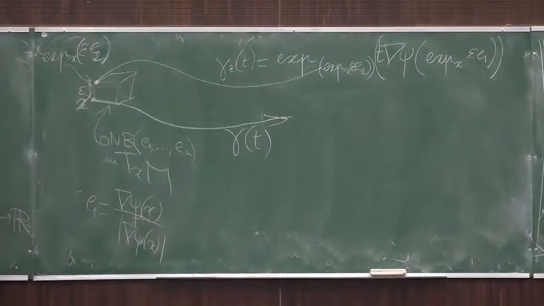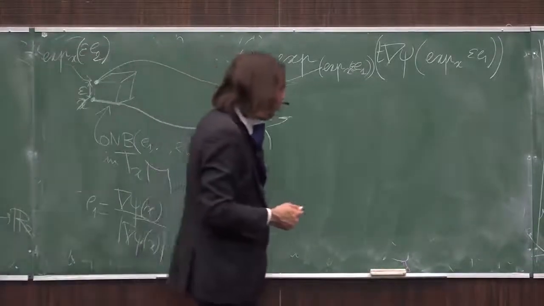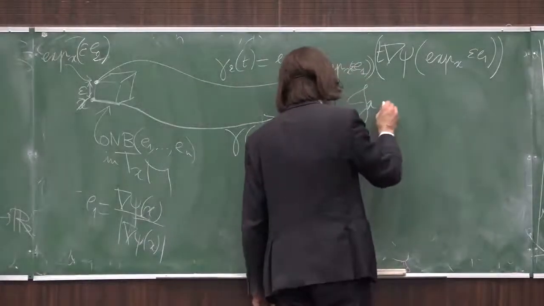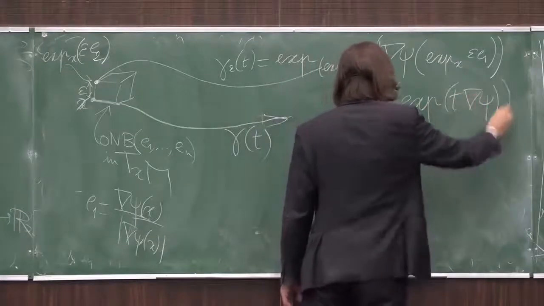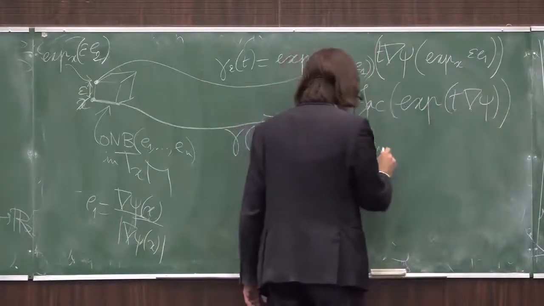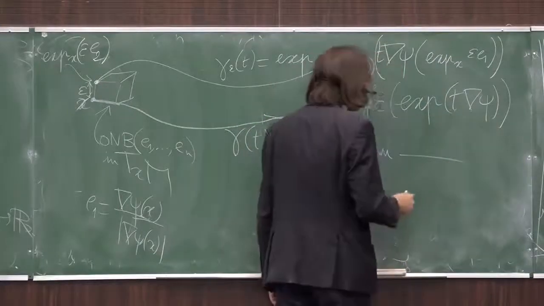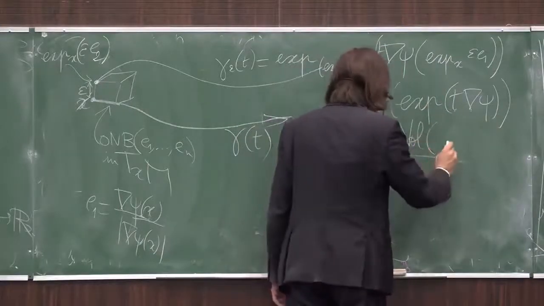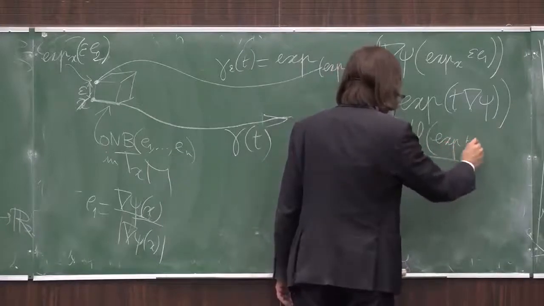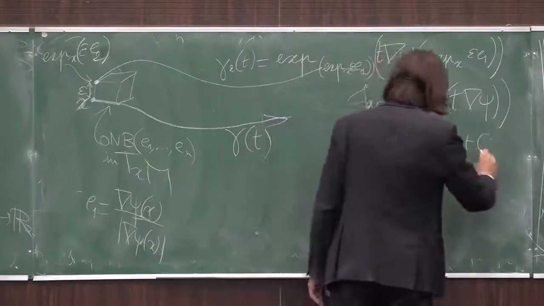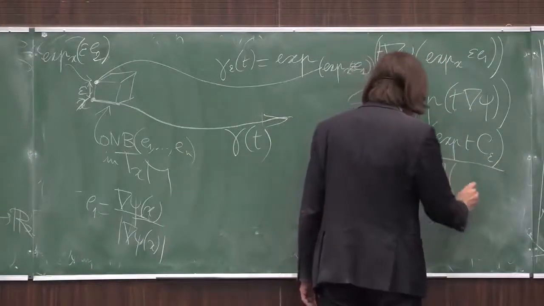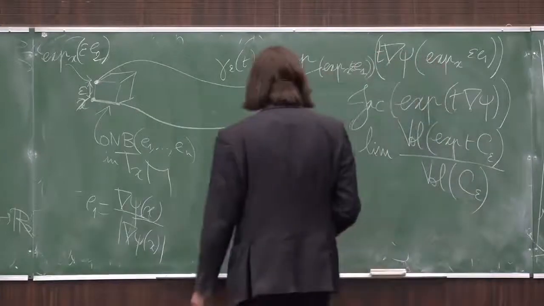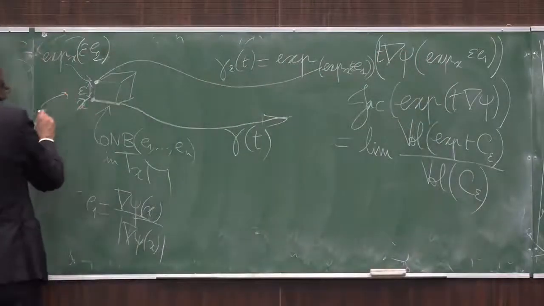Okay. And the plan is what? To look at the Jacobian determinant of exponential x of t grad psi. And this is like the limit of the ratio of the volume of exponential t of c epsilon, I write it here in a slightly fuzzy way, divided by the volume of c epsilon, where this here is a cube c epsilon.